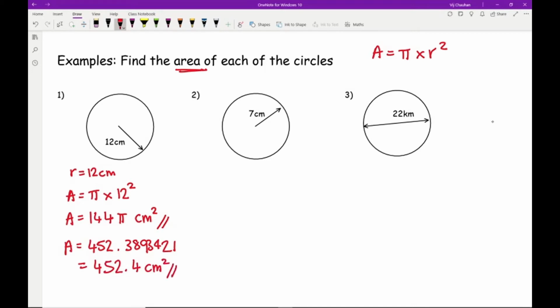And again, don't forget the units. We're working with area, so square units, and also don't forget to state what you've rounded your answer to. Now again, in this question we haven't been asked to round our answer to any specific degree of accuracy, so you can pretty much choose.